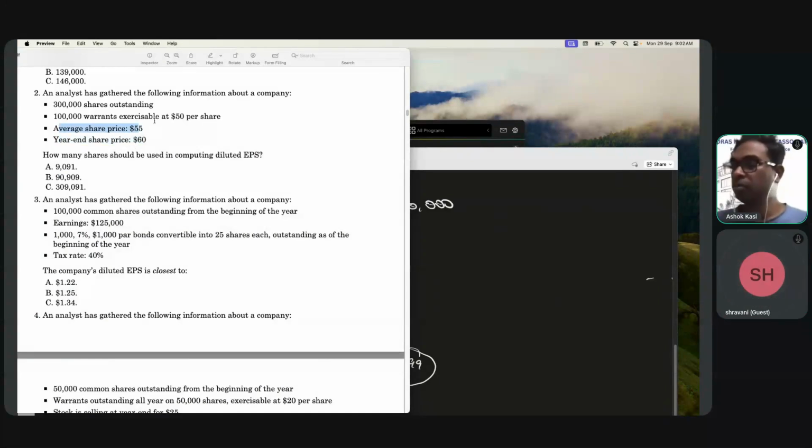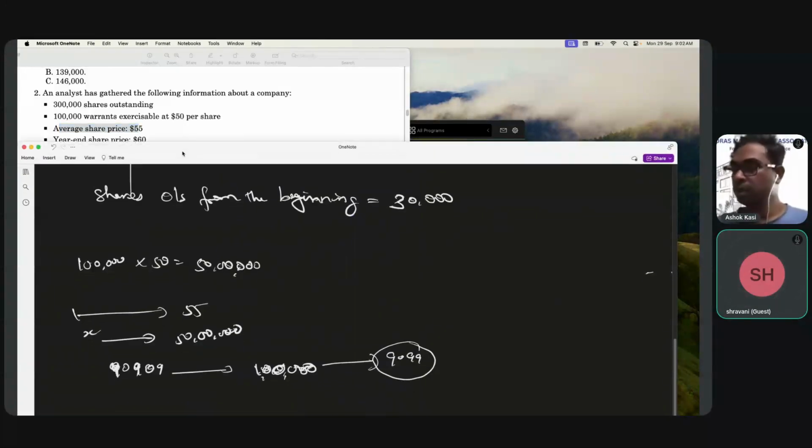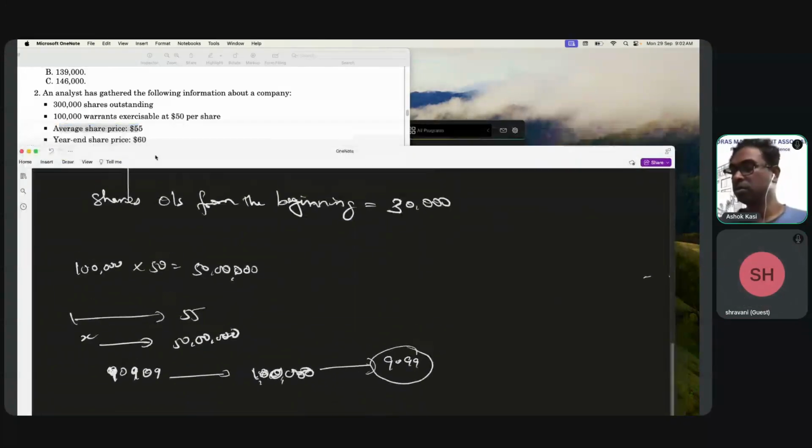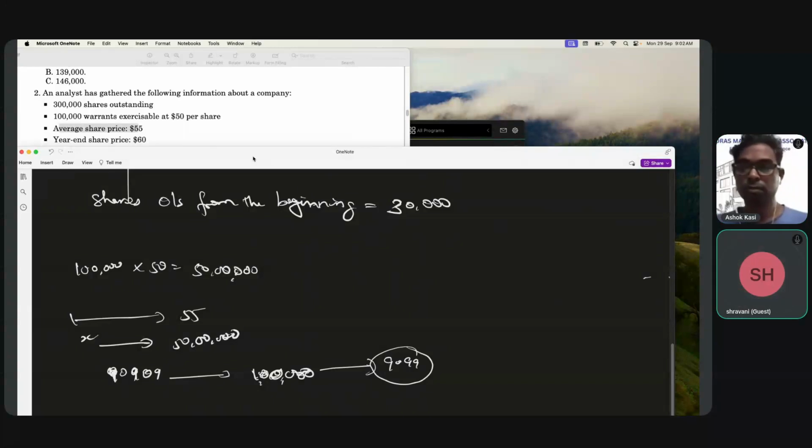Average will give you a more accurate number, because year end means only one day, 31st December's price. If the market is highly down, the price will be down; if it is highly up, the price will be up. So that is not the right way, and you will take the average value. Year end is just to confuse us.